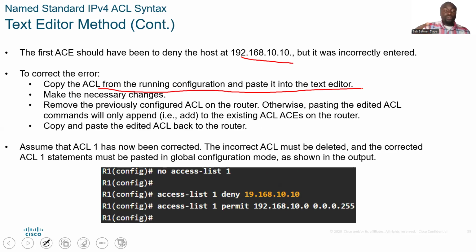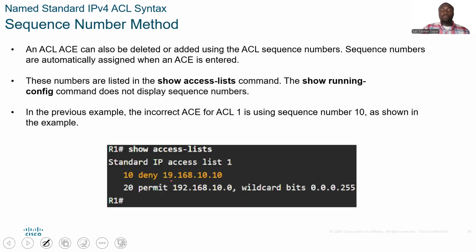Then remove the already configured access list on the router by using the no access list command. Can you see? So you just use the no access list command. It will remove that one. So once it removes it, then you now repaste the one that you have copied from the editor, and that's all.